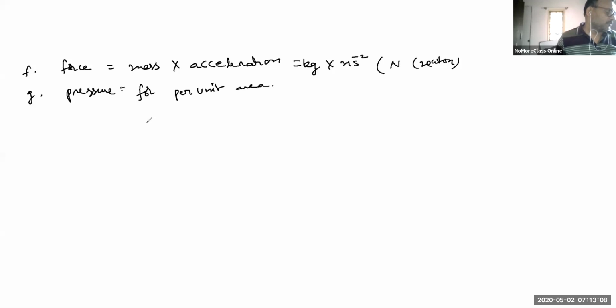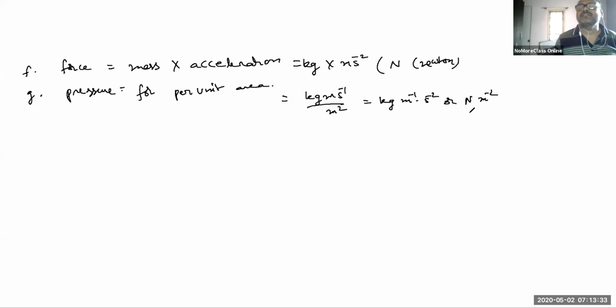So what is the force per unit area? Force is kg meter per second square, by area, meter square. So here one meter cancels. So it becomes kg meter inverse second power minus 2, or simply Newton per meter square. This is also called Pascal. Simply it is Pa.